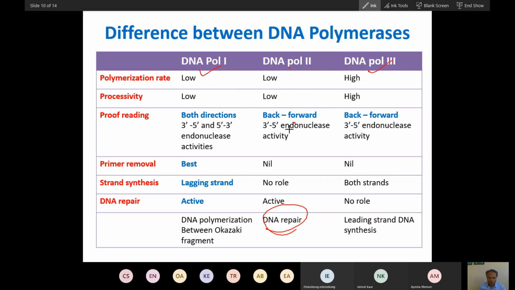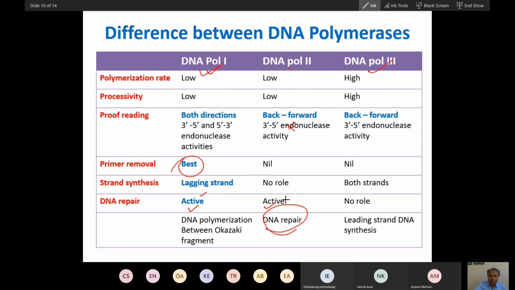DNA polymerase 1 can remove primer; the others cannot. So it is active on the lagging strand, and it is also active in DNA repair. So these are the differences in DNA polymerases.